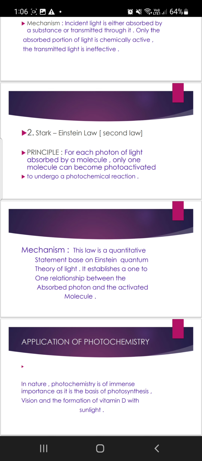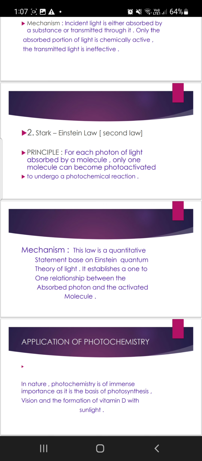We are moving to the last topic, the application of photochemistry. We all know that photochemistry has immense importance in nature. Molecules absorb light to be excited to a higher state. In nature and in chemistry, the applications of photochemistry are of immense importance.